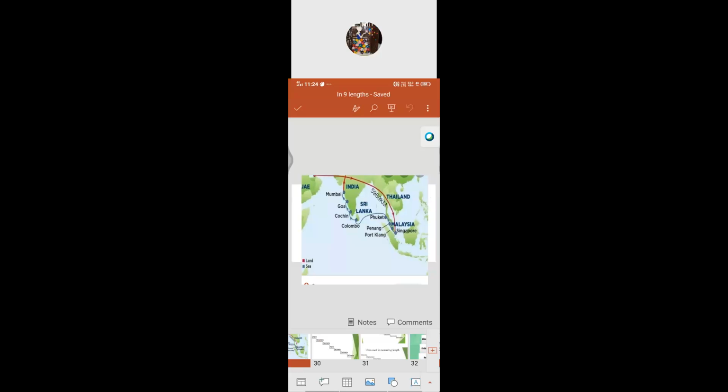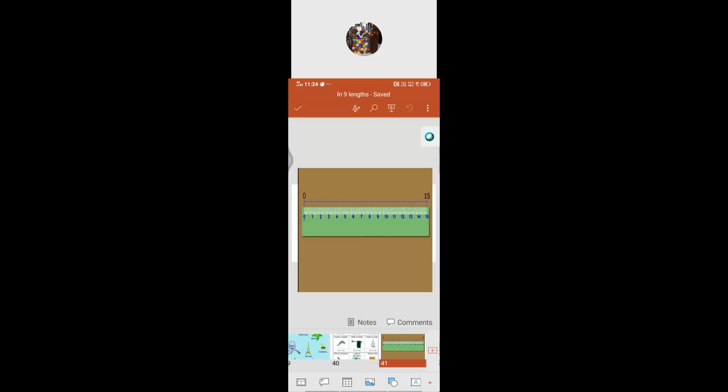Then what did you see in the last session, what are the short forms that we have seen? In this class, we are going to see how to measure using a scale, a ruler.